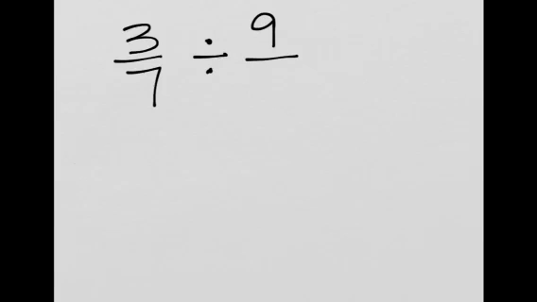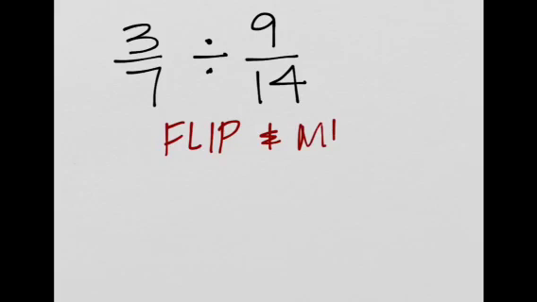We're going to start by recalling a simple division problem from elementary school. Something as simple as 3 over 7 divided by 9/14. If you can remember, the rule when we divide fractions is that we want to flip and multiply.